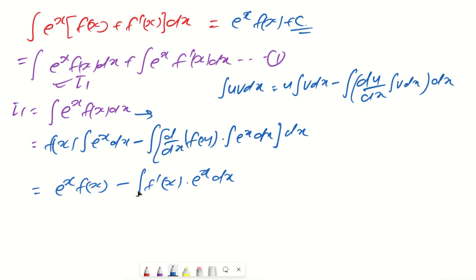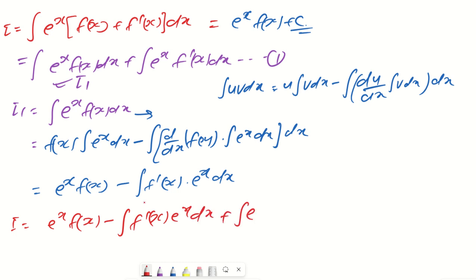Now I can put this term in equation number 1, where this was my I. So I becomes e to the power x f of x minus the integral of f dash x e to the power x dx, plus the remaining term, e to the power x f dash x dx.